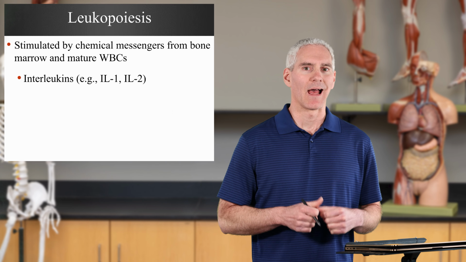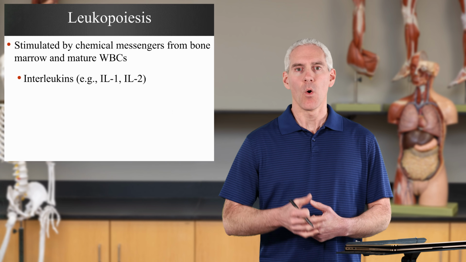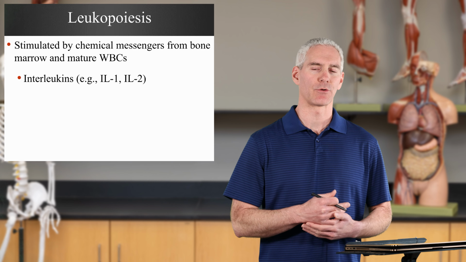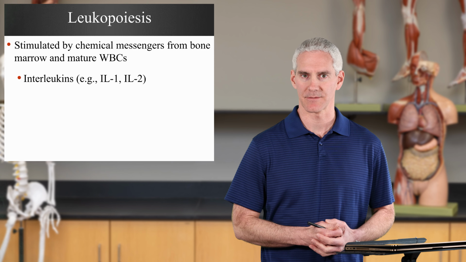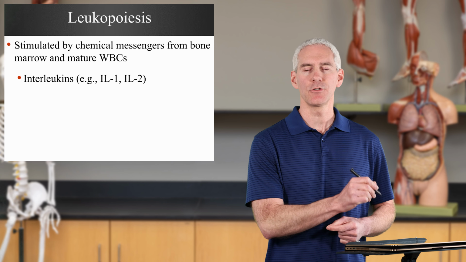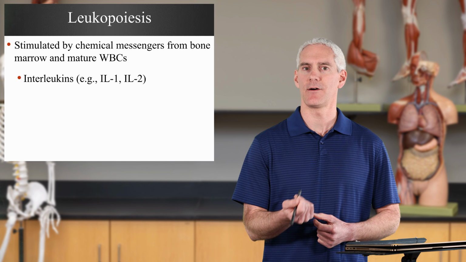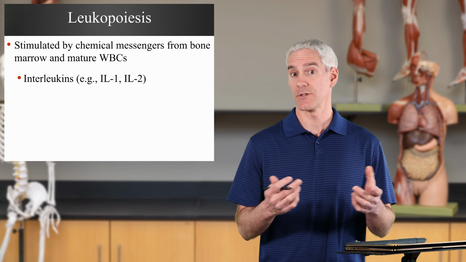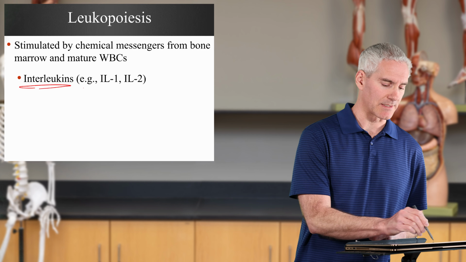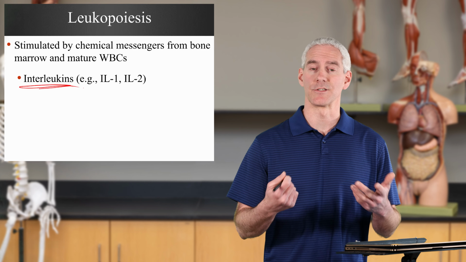All right, how do we make these again? We've already gone through a previous video with the rough outline of how to make all the different formed elements. But let's focus a little more on the white blood cells. Leukopoiesis is the formation of these white blood cells, all 5 of them, for that matter. You're going to use the interleukins, interleukin 1 and interleukin 2.